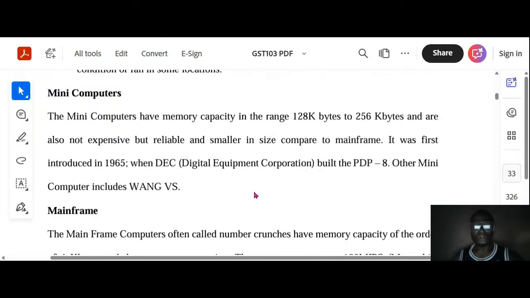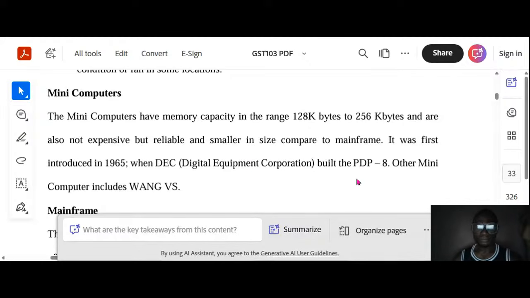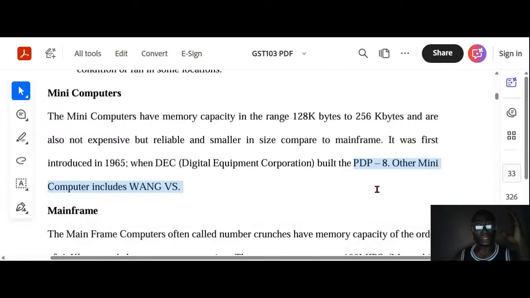Okay, so in 1965, that was when DEC, which is the Digital Equipment Corporation, built their PDP-8, and other mini computers, which include Wang VS. Okay, I have another question.